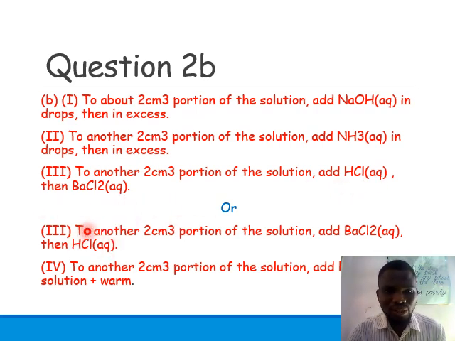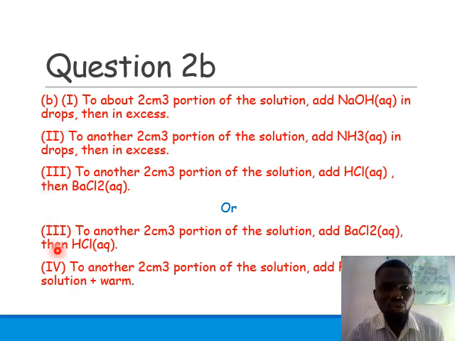You can see that I'm having B2 and B3 here because the question might come out this way or the other way around. It may say, to another 2 cm³ portion of the solution, add barium chloride, then HCl. What's the difference? Here HCl is coming first, then barium chloride, while on the other hand, barium chloride is coming first, then hydrochloric acid follows.